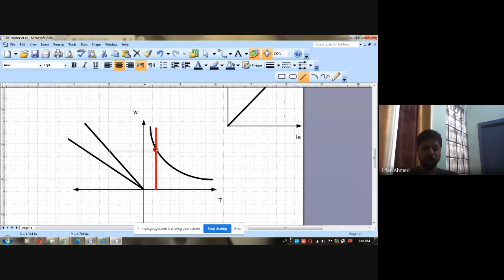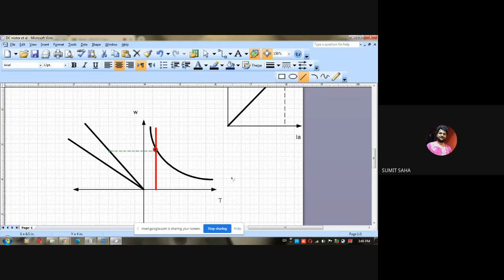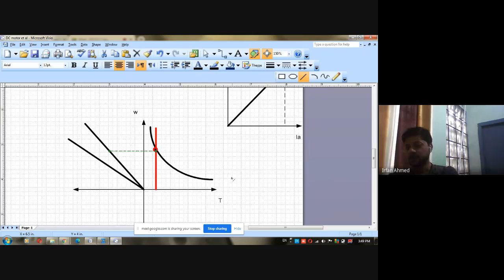So instantly it will move from this characteristic to this characteristic, and with time the speed will go on decreasing until it becomes zero. Okay, clear? So this was rheostatic braking or dynamic braking of a DC series motor.